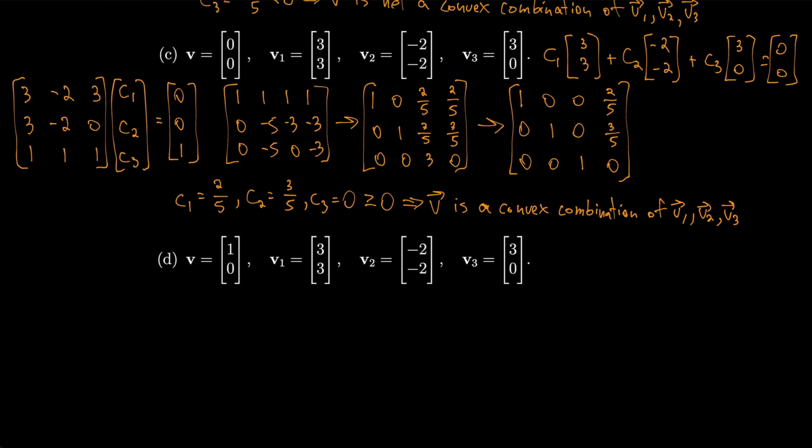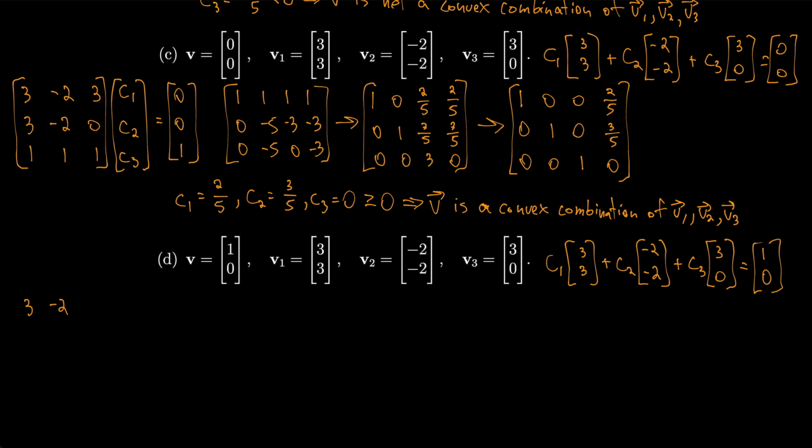Okay, last one. Let's set C1 times 3, 3 plus C2 times -2, -2 plus C3 times 3, 0 equal to 1, 0. For our top row, we get 3, -2, 3, 3, -2, 0 for second, 1, 1, 1, same matrix as in C. We have C1, C2, C3 again.